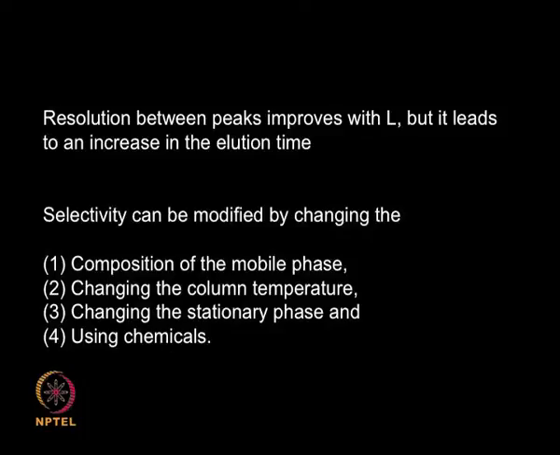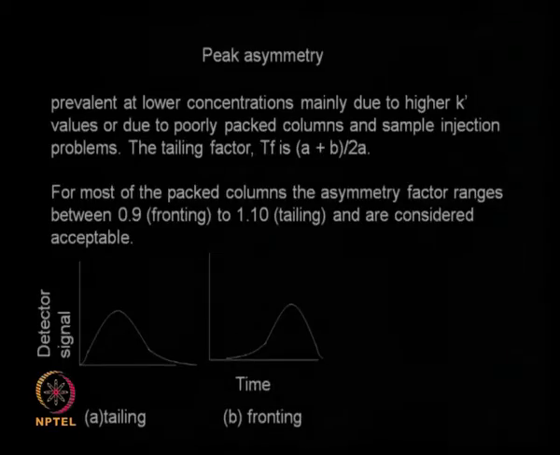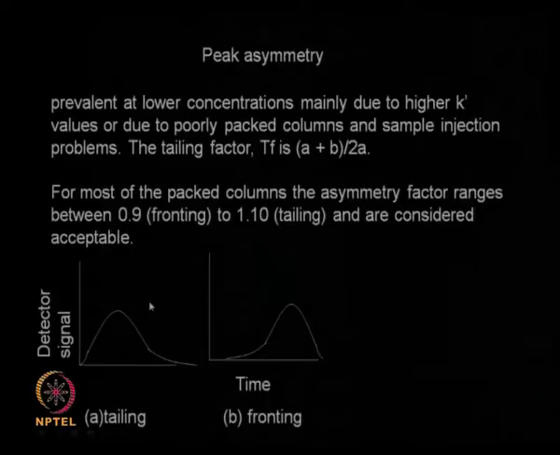We can modify selectivity by changing the composition of the mobile phase, changing the column temperature, changing the stationary phase, or even using chemicals. We can add some chemicals which will improve the selectivity of certain solute towards the stationary phase.